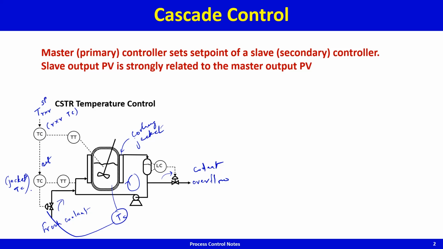And so you can imagine, let's say the temperature of the coolant goes up. If the temperature of the coolant goes up, in a conventional feedback system what will happen?